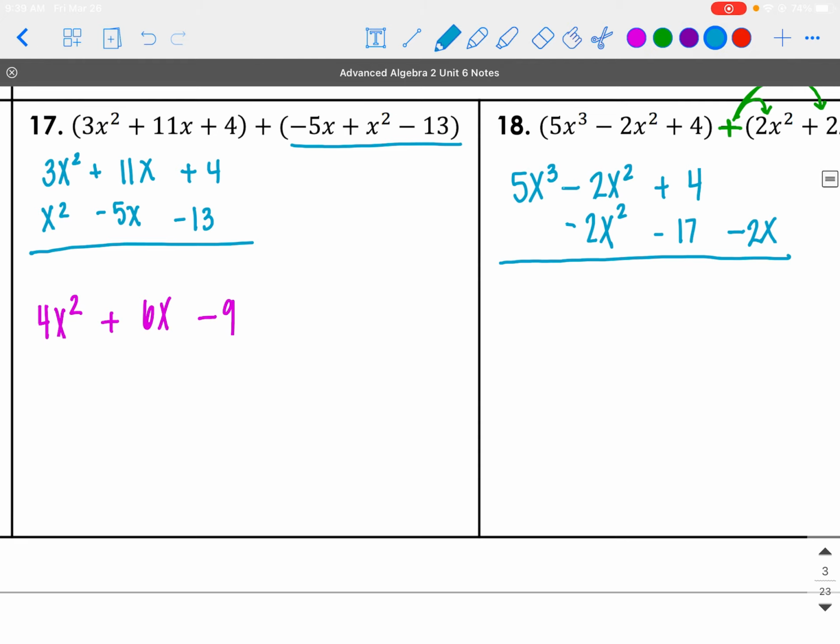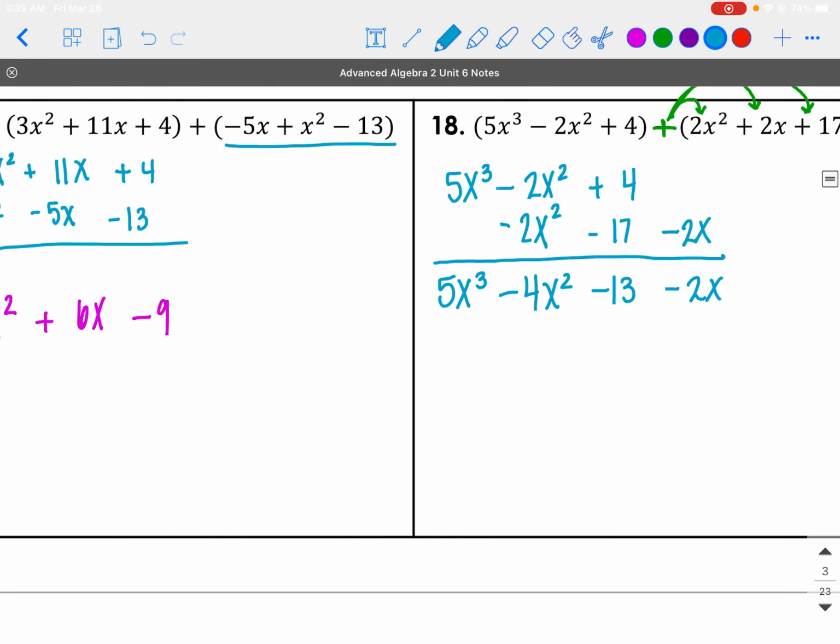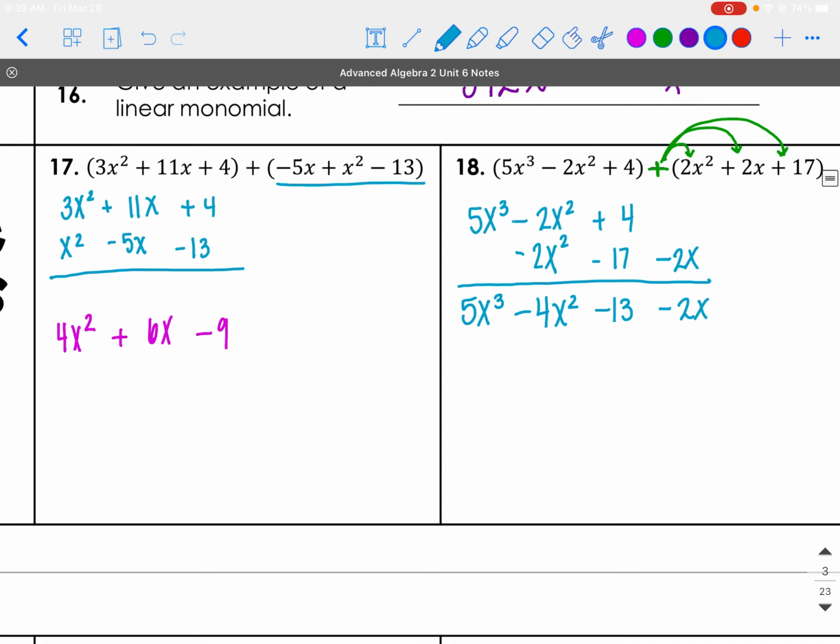So this would be 5x cubed minus 4x squared minus 13 minus 2x. But we have to make sure to write it in standard form, so this negative 2x needs to move over. 5x cubed minus 4x squared minus 2x minus 13.